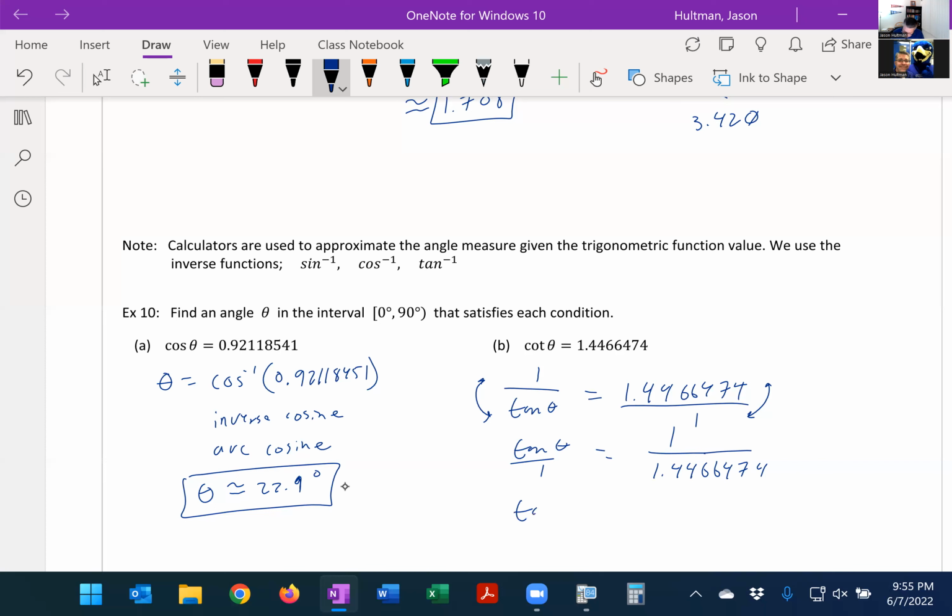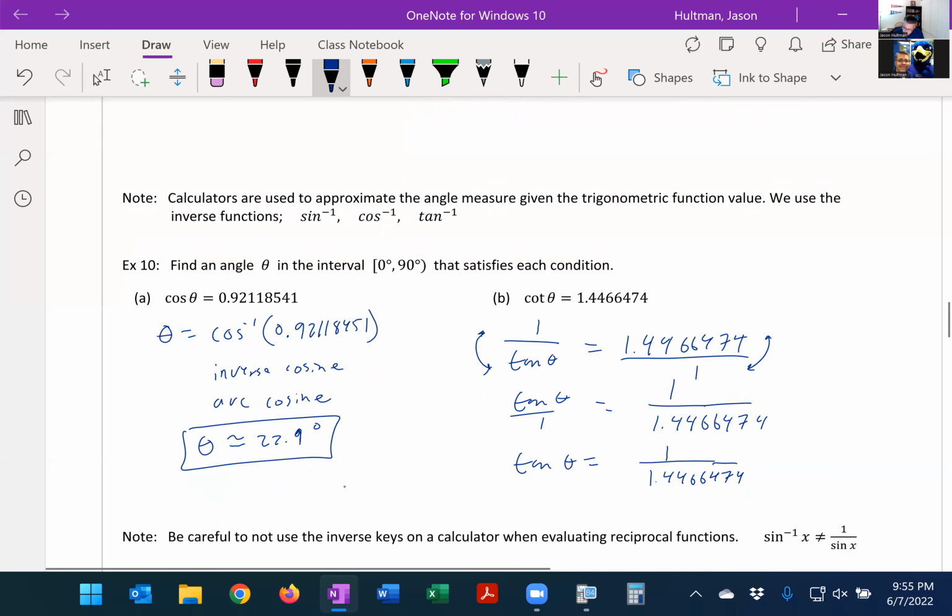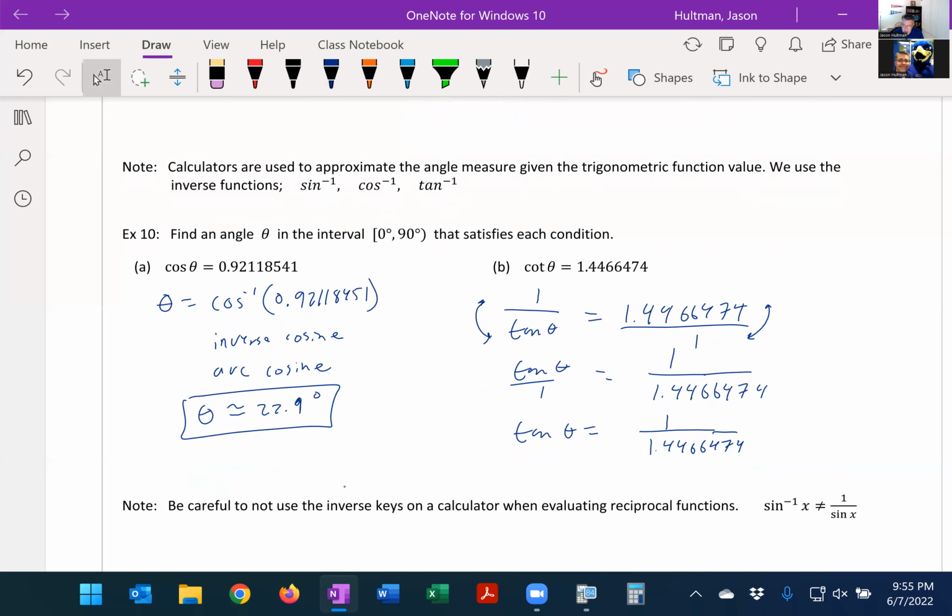And so the tangent of theta is equal to 1 over 1.4466474. And now I can find the arc tangent of this, or the inverse tangent. I can find the angle, the angle whose tangent is this fraction over here.